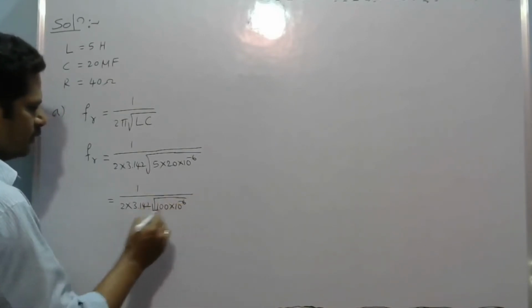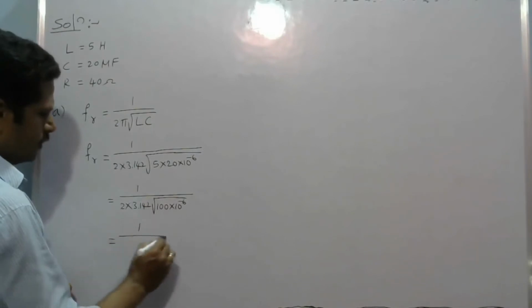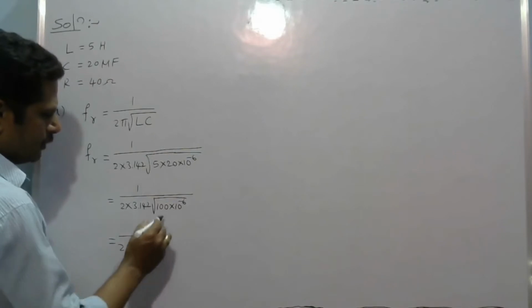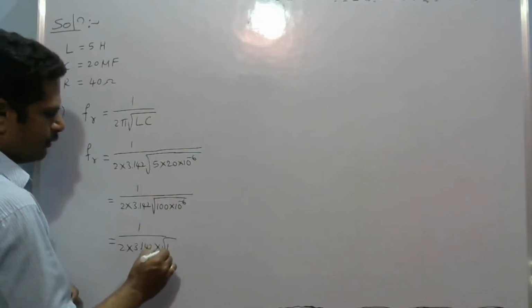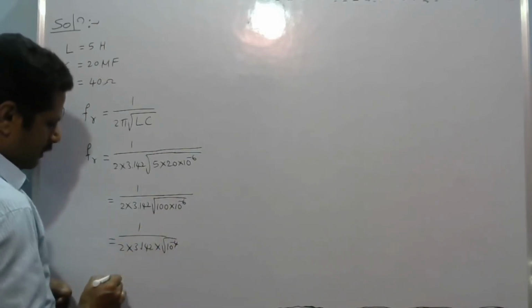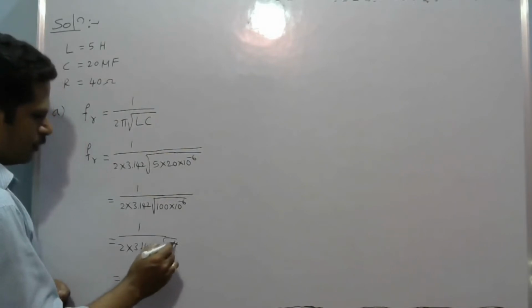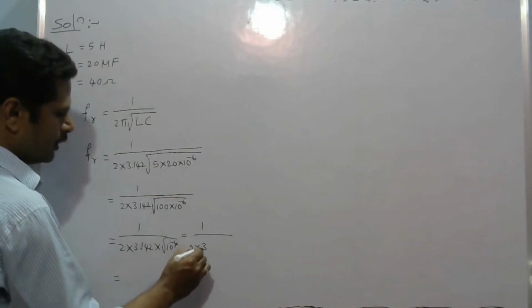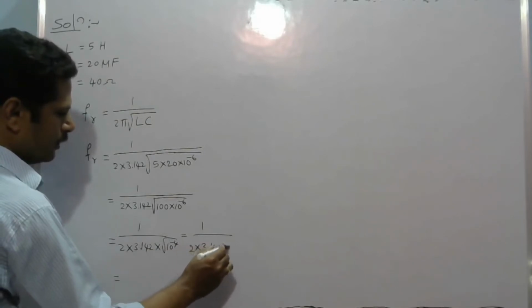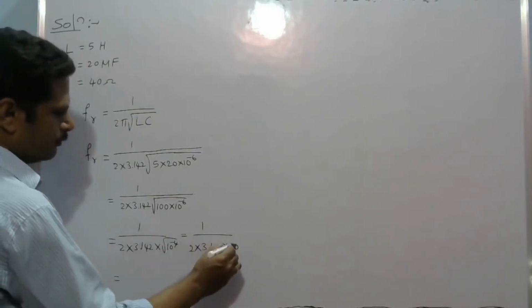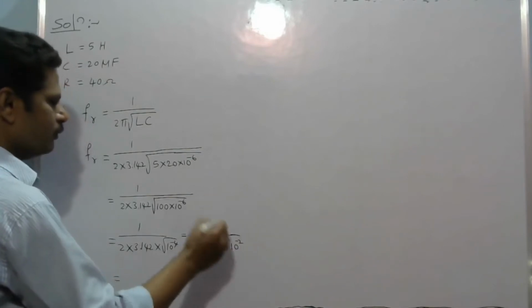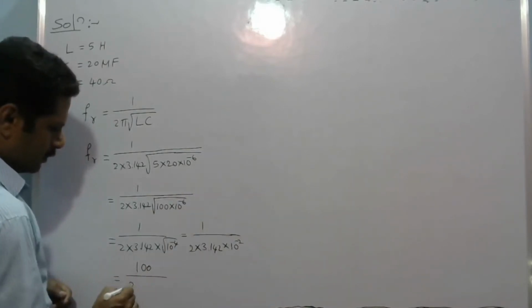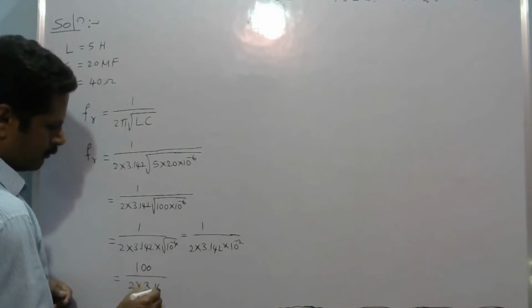So this is nothing but 1 divided by 2 into 3.142 into 10 to the power of minus 2, square root of 10 to the power minus 4. When 10 to the power of minus 2 goes up, it becomes 100 divided by 2 into 3.142.